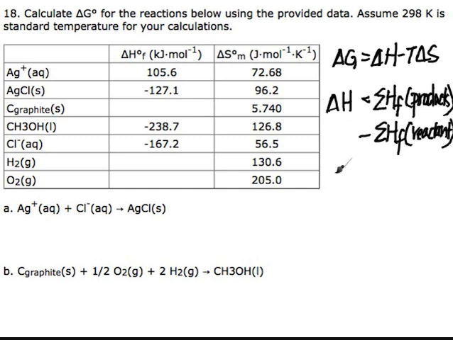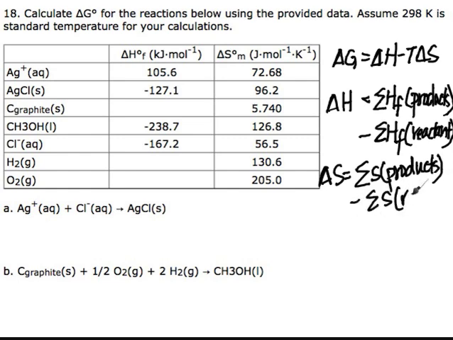Okay, and then to calculate the delta S, we do the sum of the S's for the products minus that for the reactants. Exactly the same.